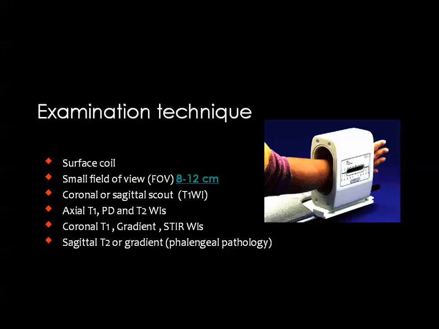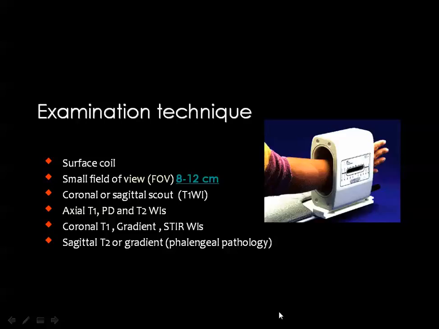If you select a large field of view, let us say 16 centimeters, or even in some cases they select 20 centimeters, then you cannot see the details of anatomy or pathology in the provided images. And then the radiologist should insist to select the suitable field of view.